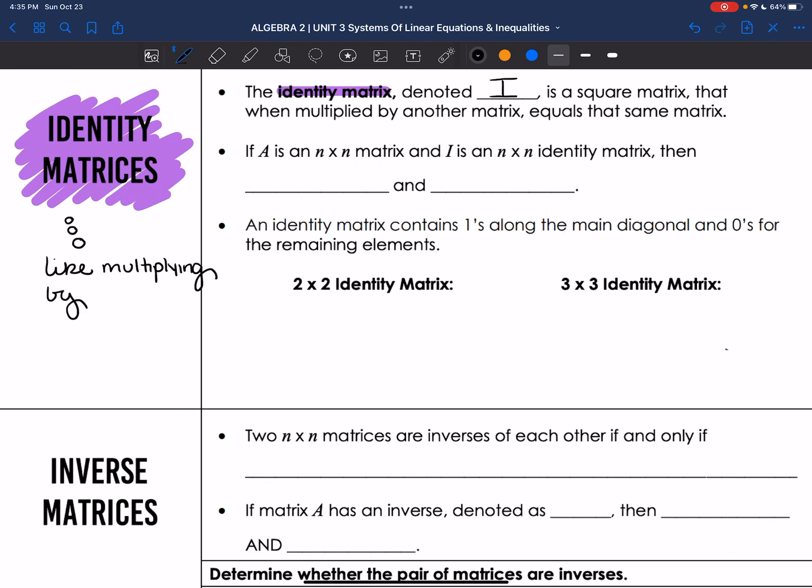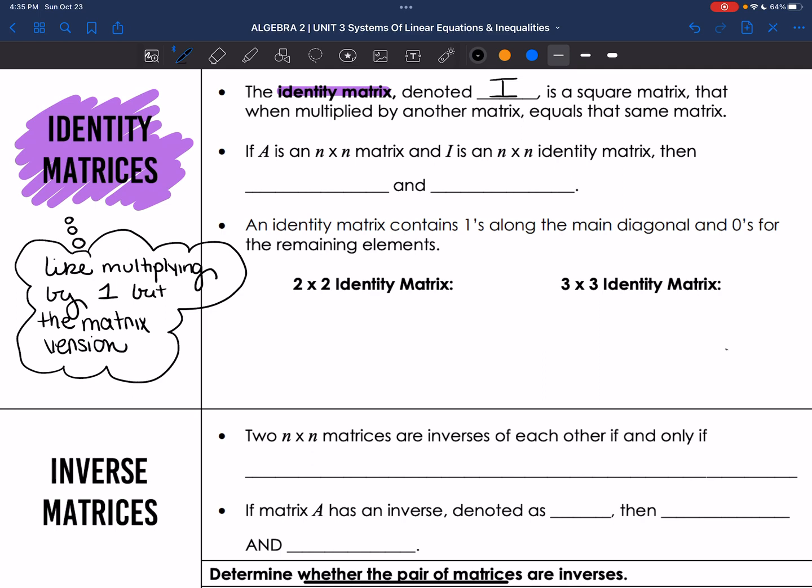It's like multiplying by 1, but the matrix version. So that's a little note that you might want to keep in mind. It's like multiplying by 1, but when you're working with matrices.